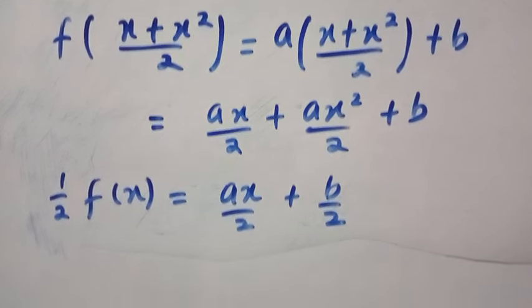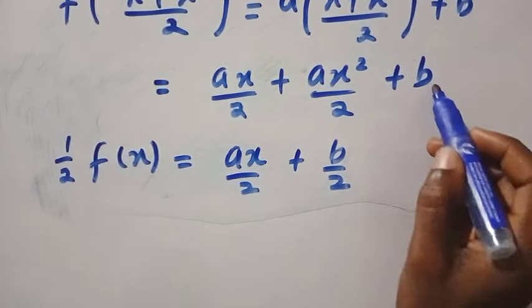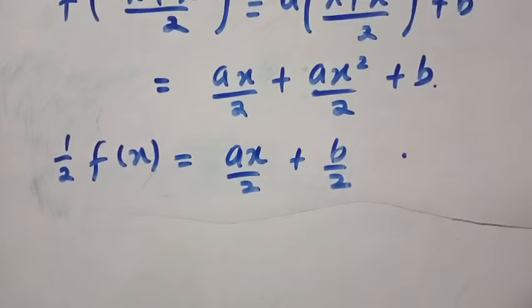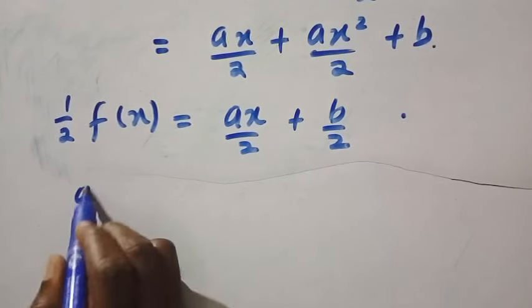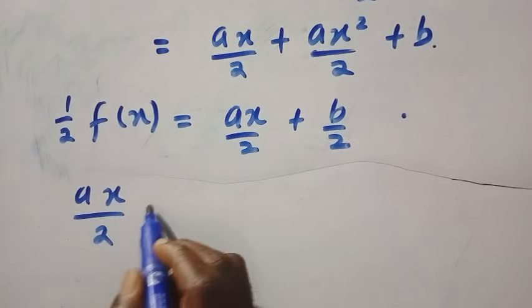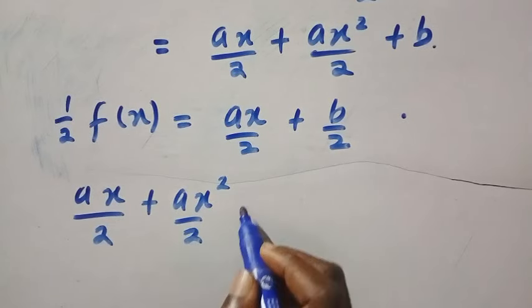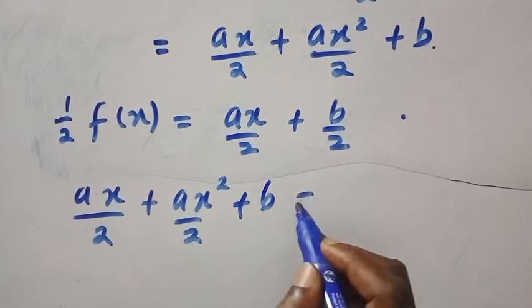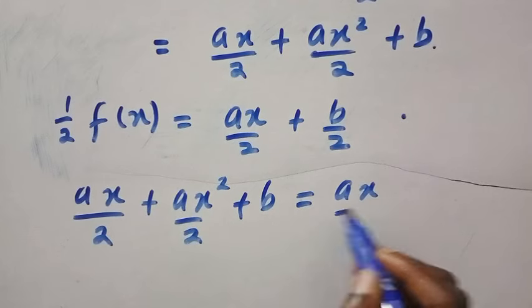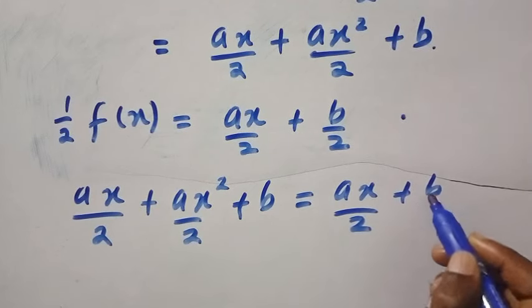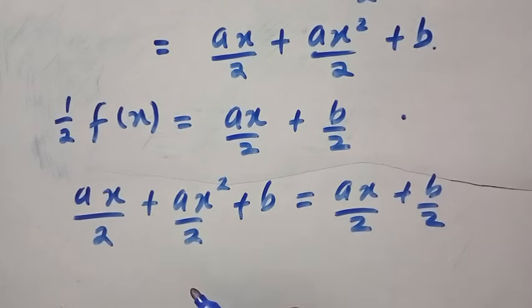When we compare the left hand side and the right hand side, we have ax over 2 plus ax squared over 2 plus b equals ax over 2 plus b over 2.